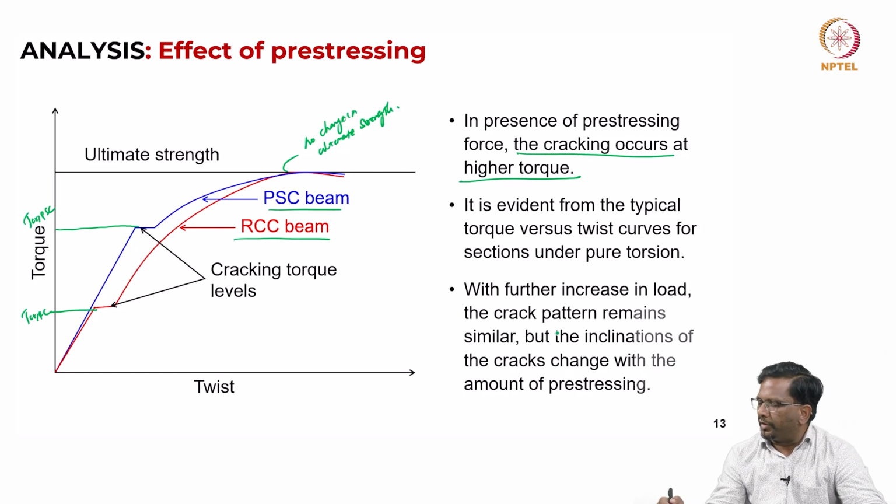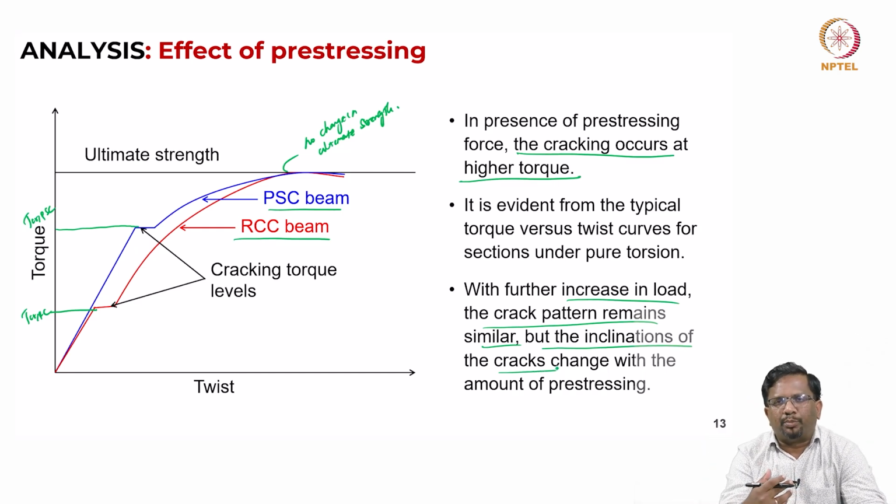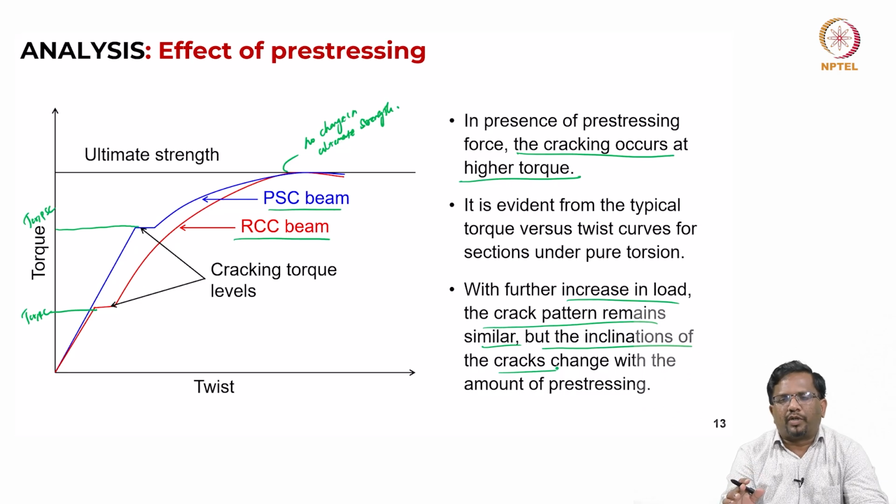Now, with further increase in the load, the crack pattern remains more or less the same, but the inclinations of the cracks, how the crack angle is on each side or each plane, is going to change depending upon how much pre-stressing it is seeing at that particular location. So in net effect, pre-stressing helps me to increase the cracking torque.